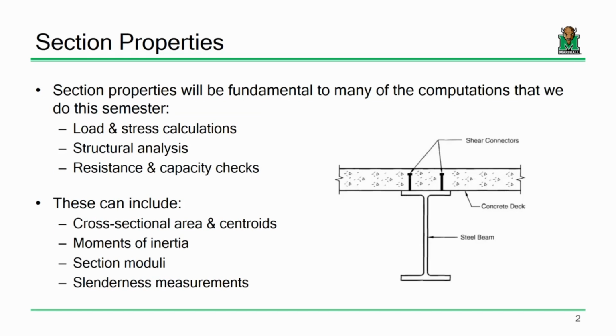Things like its area, its centroids, its moments of inertia, section moduli, all of that stuff. That's what I mean when I say section properties. Everybody okay with that? Okay.